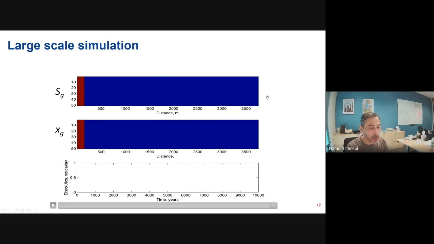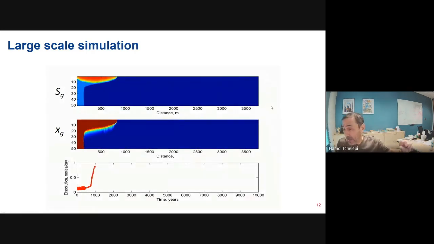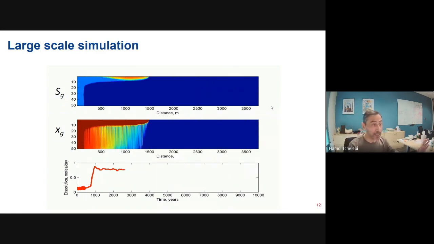So yeah, no worries. Another set of simulations now to account for the two-phase flow nature of the problem. In the top panel, you basically have what we refer to as saturation. This is differentiating between the immiscible CO2 and the resident brine. You can see how this gravity current is moving.